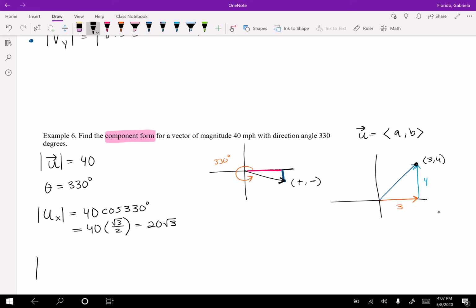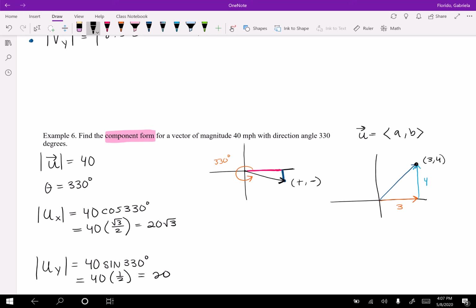Now the magnitude of my vertical component is going to be 40, the magnitude of my vector u, times sine of 330 degrees. So that's going to equal 40 times 1/2, which is equal to 20.